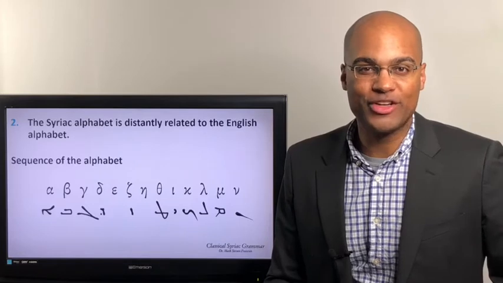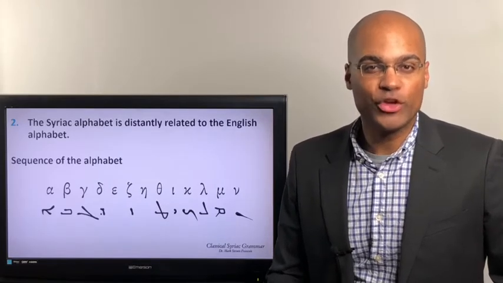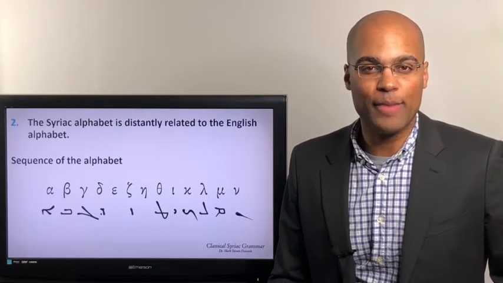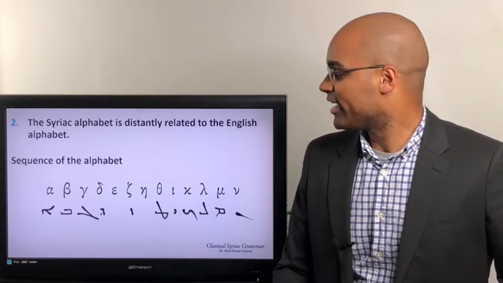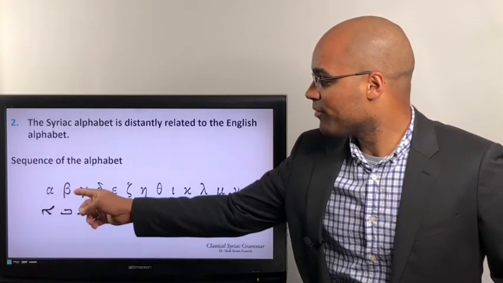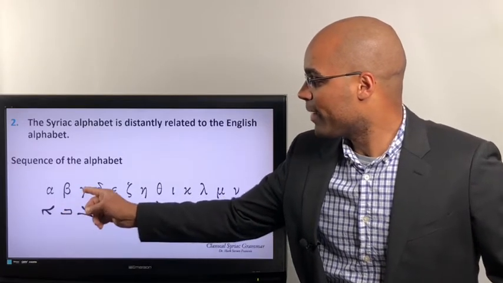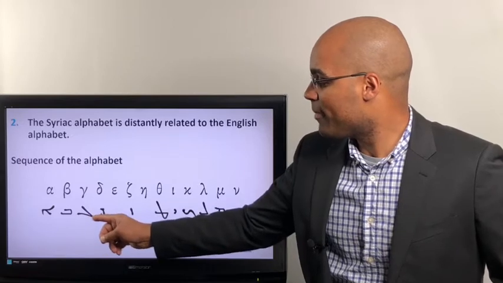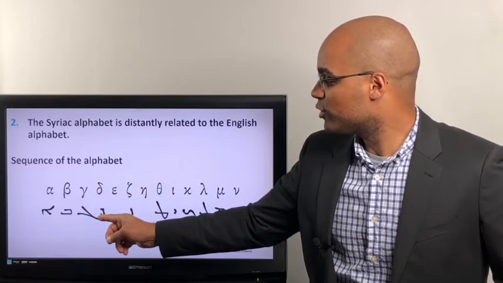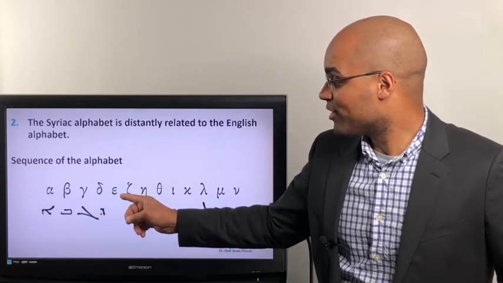And if you also happen to know the Greek alphabet, knowing the Greek alphabet will also help you with memorizing the sequence of the alphabet in Classical Syriac. So at the very beginning of the alphabet, we have the letter Alpha corresponding to Aleph, Beta corresponding to Beth, Gamma corresponding to Gamel, Delta corresponding to Daleth. We have no epsilon.